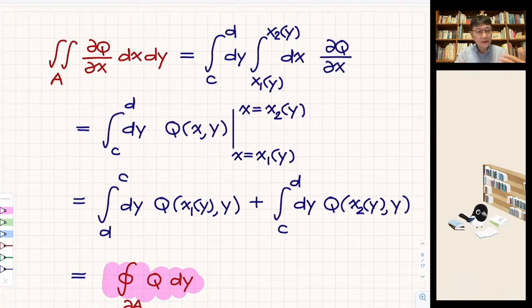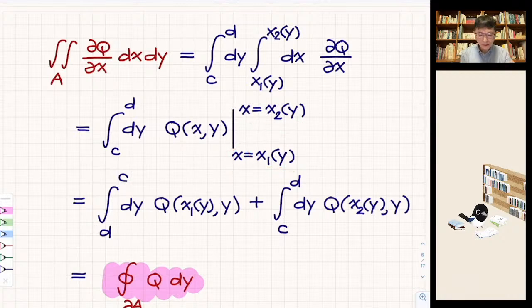You can just carry out this partial integration, and then you get Q(x, y) with now not y but x plugging into x1y and x plugging into x2y.